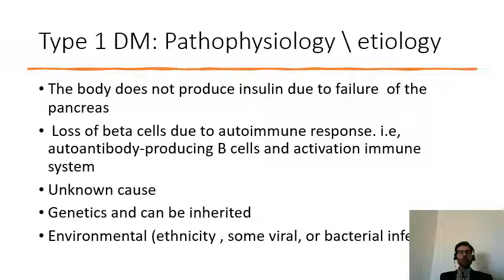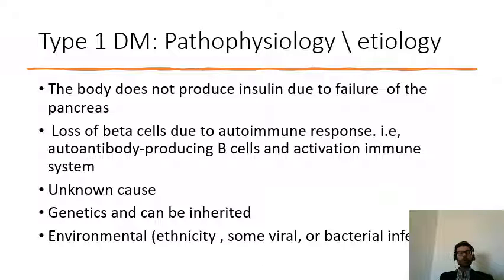What we know now is that the reason for this malfunction of the pancreas is believed to be related to an autoimmune response, in which the immune system produces specific antibodies that attack the pancreatic beta cells and then cause destruction of these cells, then complete malfunction or failure of the pancreas. However, we don't know specifically why this autoimmune response is happening. It's unknown until now.